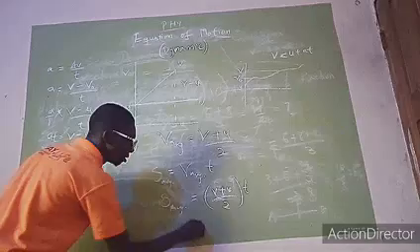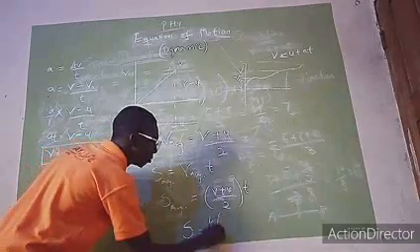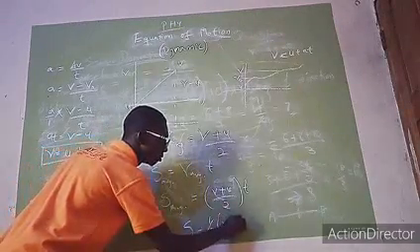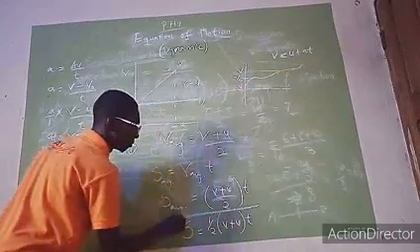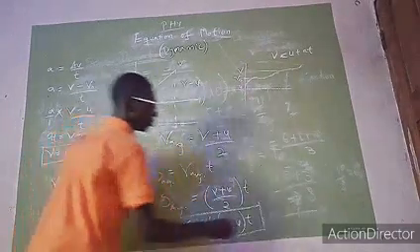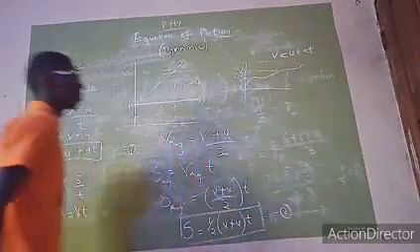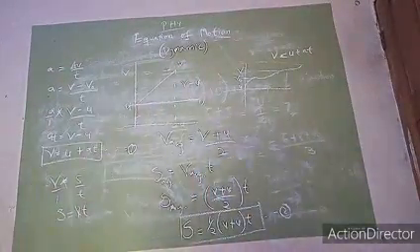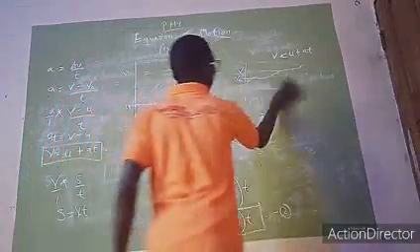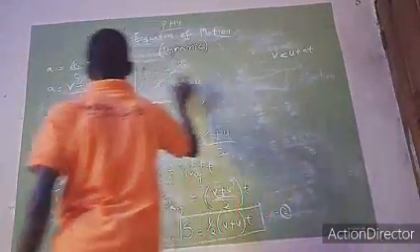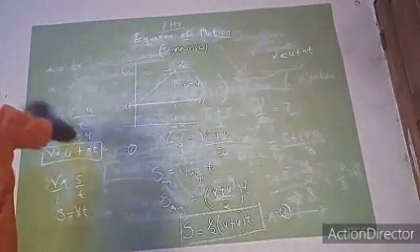Therefore distance is equal to 1 over 2 V plus U times T. This is the second equation of motion.